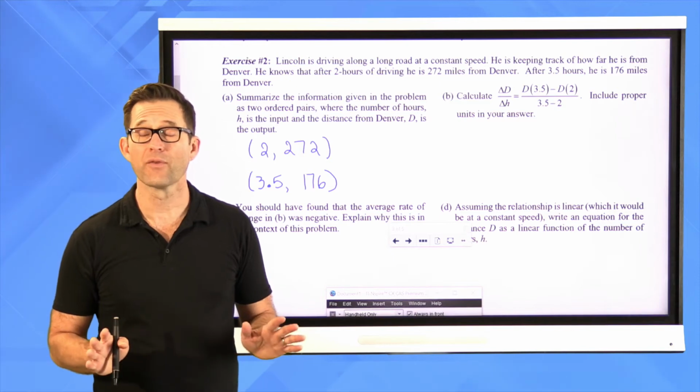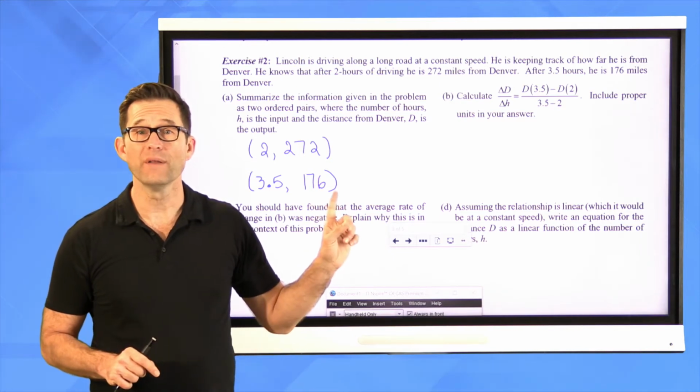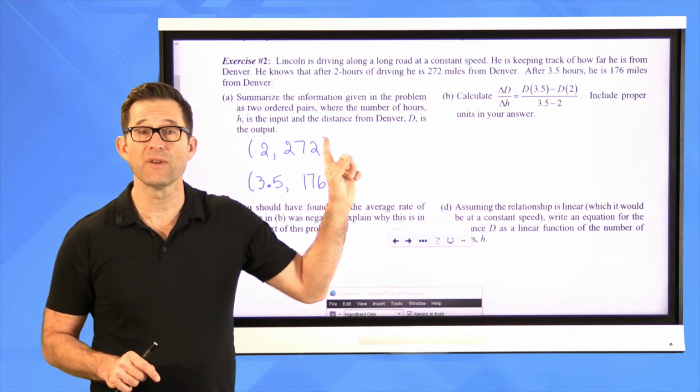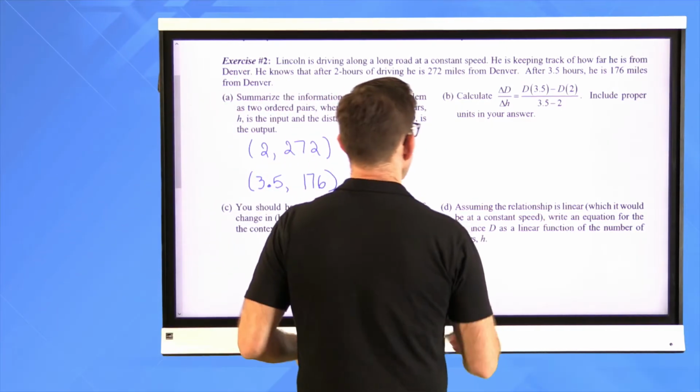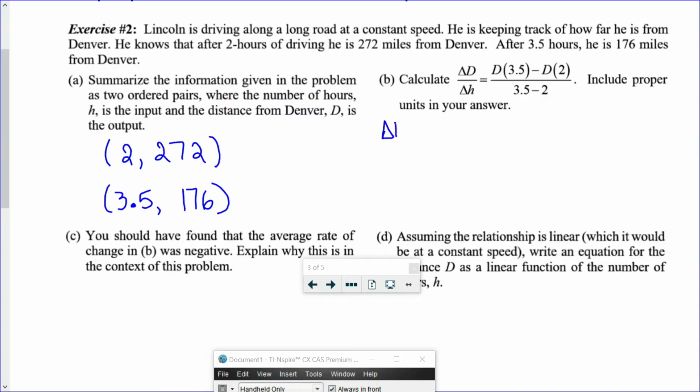Now, we have to be careful here, right? I'm going to do 176 minus 272. Do not do 272 minus 176, right? Here we go. Delta D over delta H is, oops, and then I just about did what I said not to do. 176 minus 272, all divided by 3.5 minus 2. Now, I do want to point out something.